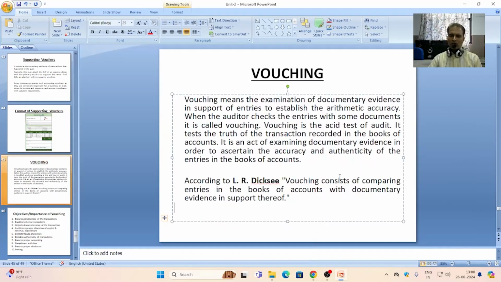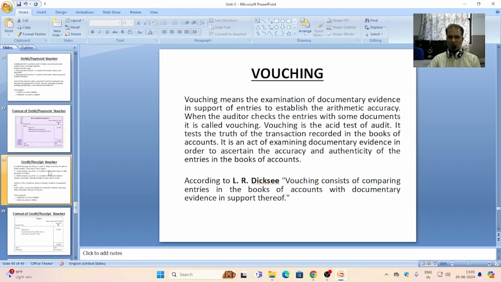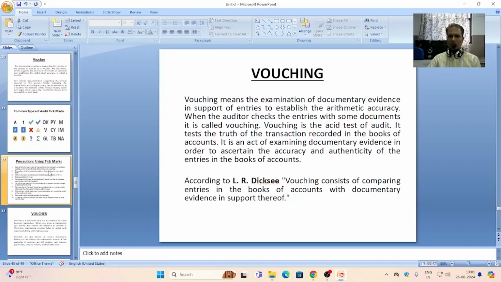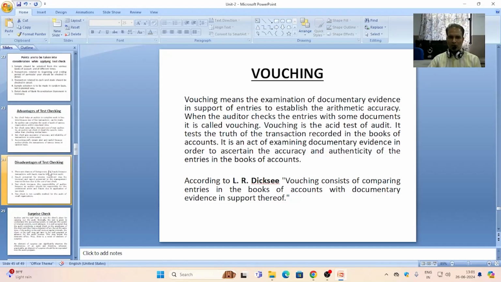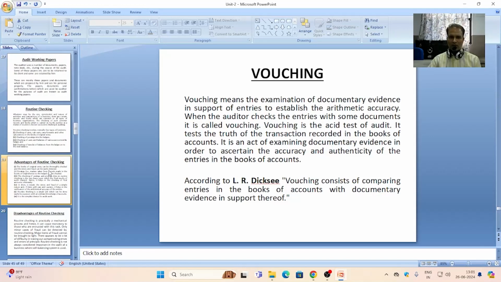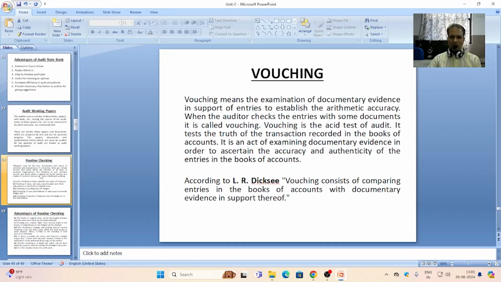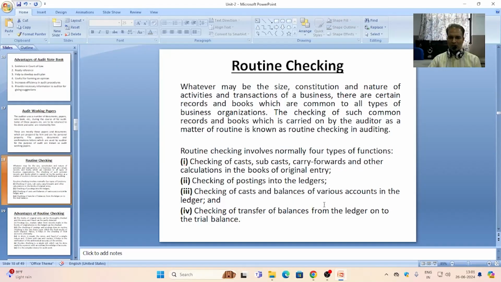So vouching is very important, and during vouching various types of checking are done by the auditor. If we talk about vouching, then we have to discuss the various types of checking in the process of auditing. The first is routine checking.